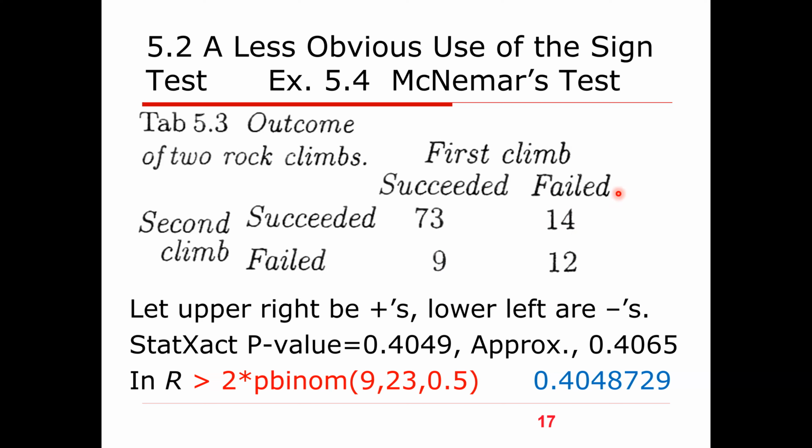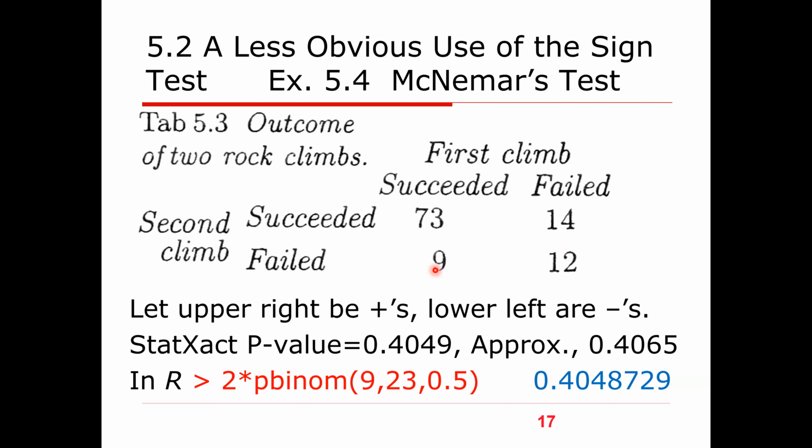So we can let the upper right value here be the plus sign, and the lower left be the minus sign, and compare this plus sign and minus sign. And the p-value is large, which means we fail to reject the null. The two climbs have similar difficulty. Using R, it's very simple because this is a two-tailed test. We use 2 to multiply the p by norm, this one.